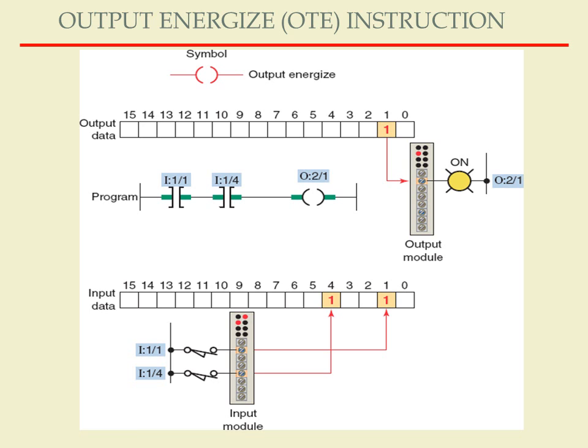If 0 1, output will be 0. If 1 0, output will be 0. And if the input switches have conditions 1 and 1, then the output will be 1 and the LED will glow. So it resembles the AND operation. Just see this for the OTE instruction, how it is executed. When it is 1, the LED will glow.